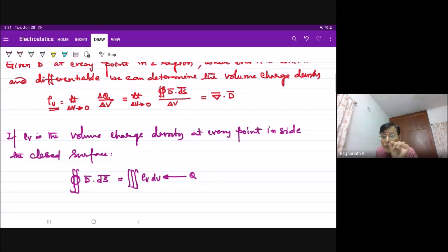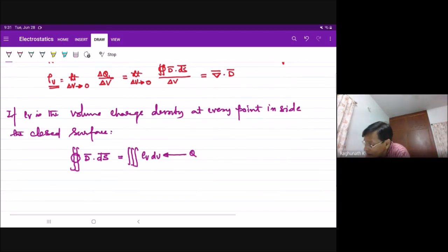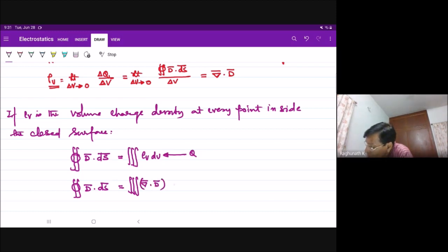Nobody talks about charge in mathematics when you talk about V bar, not even as an example. Charge is not given to you. Some vector field. Now we know D bar dot ds bar integral is equal to the volume integral of del bar dot D bar, a scalar, because rho v is del bar dot D bar at any point.